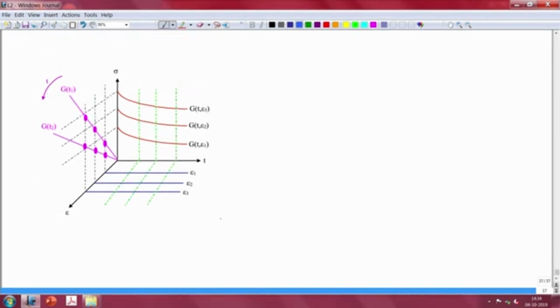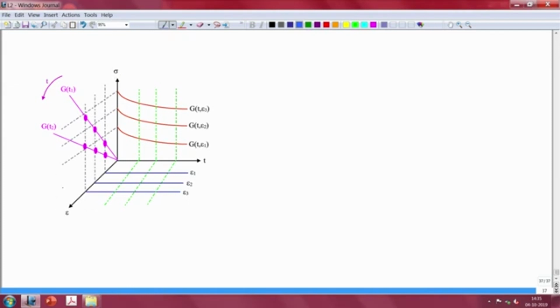We have made a 3-dimensional plot showing the same thing that we just discussed. In the bottom, the epsilon-t plane is the input plane, and that is being sampled. The sigma-t plane is the output plane, and that is where you are recording your output, and that is also being sampled. Then you are trying to get rid of the time axis altogether, and you are just plotting it as the sigma-epsilon graphs, and this is how they will look.